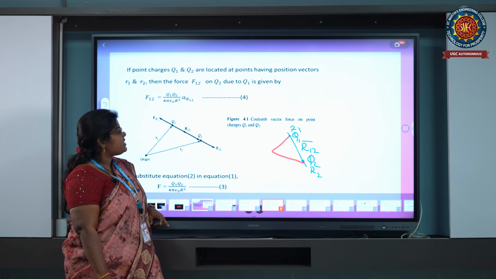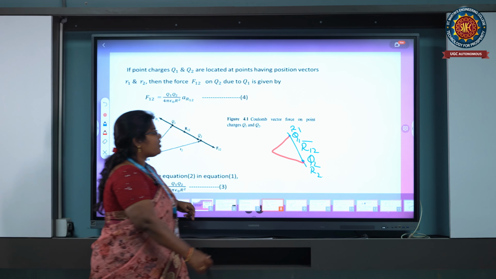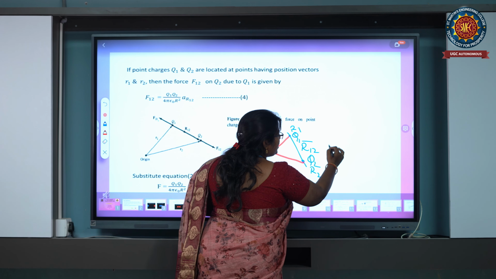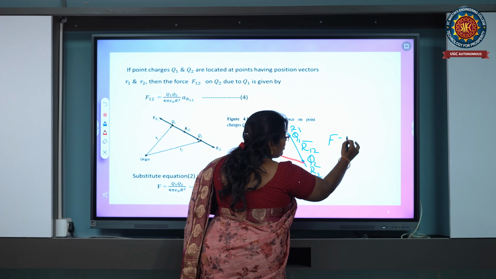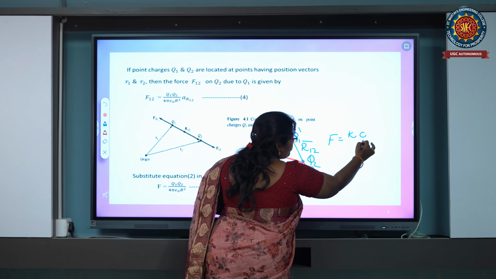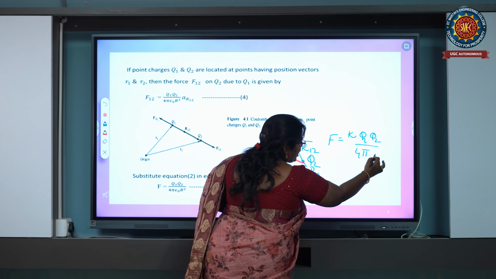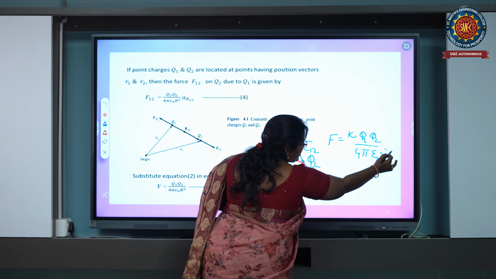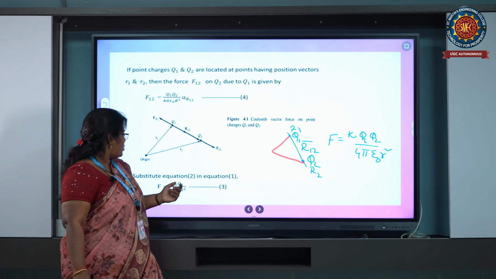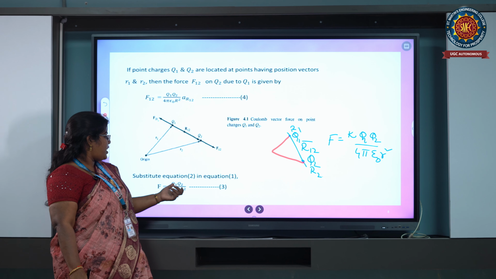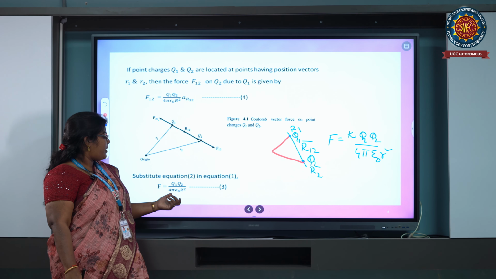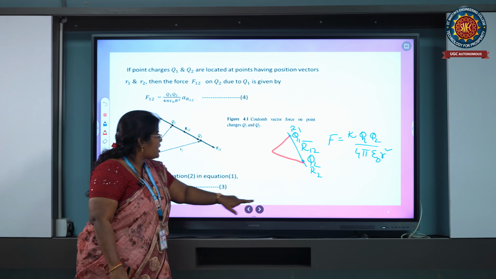Substitute this in Coulomb's law. The equation of Coulomb's law is F equal to K Q1 Q2 by 4 pi epsilon naught r square. Since K is a constant, we can write it directly as Q1 Q2 by 4 pi epsilon naught r square.